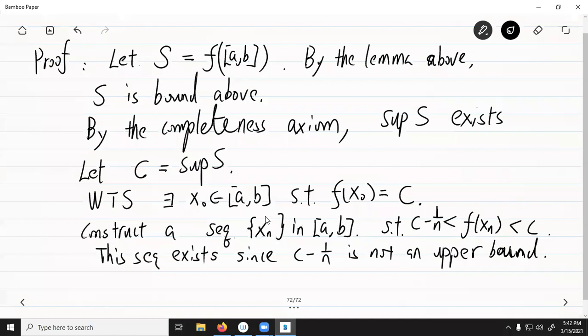And we want to show that the limit is the X0 we are looking for. F of X0 should be equal to C.